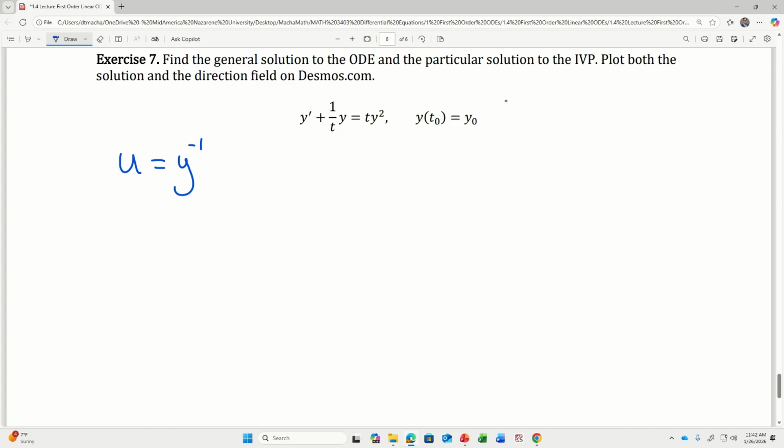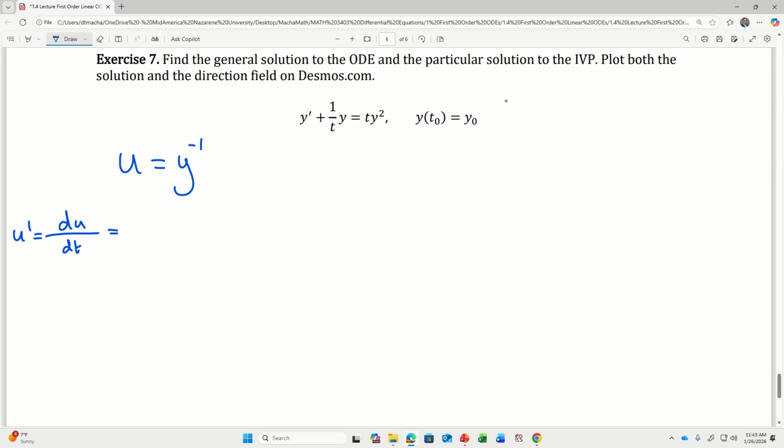I've got to figure out what is the derivative of u with respect to t. Right? What is u prime? And the derivative of u with respect to t is going to require the chain rule, because u is 1 divided by y, or y to the negative 1 power.